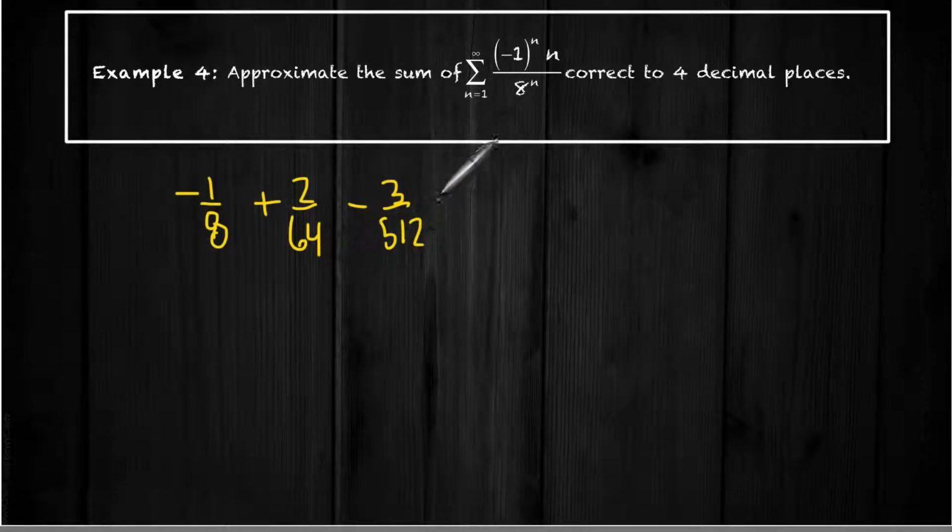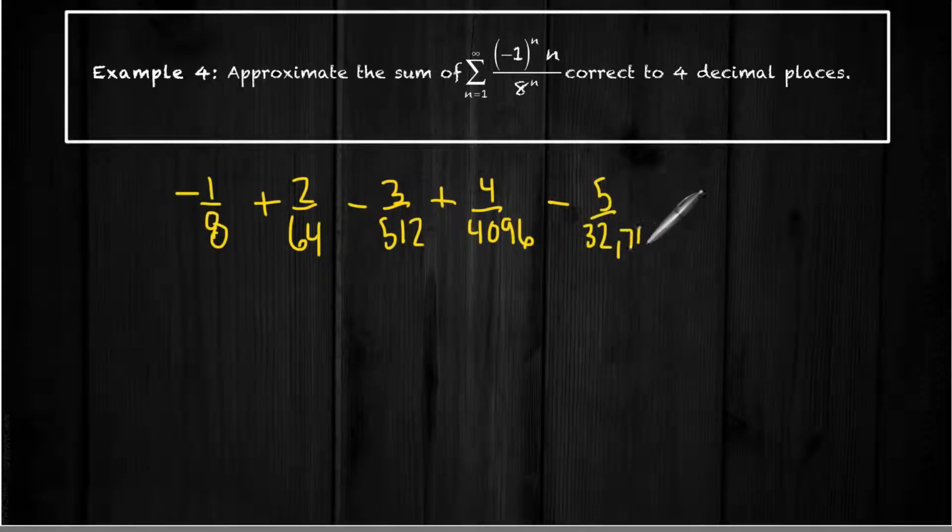When n is 4, you get a positive 4 over 4,096. When n is 5, you have a negative 5 over 32,768. And when n is 6, you get 6 over 262,144.